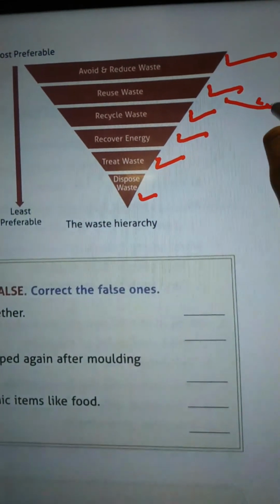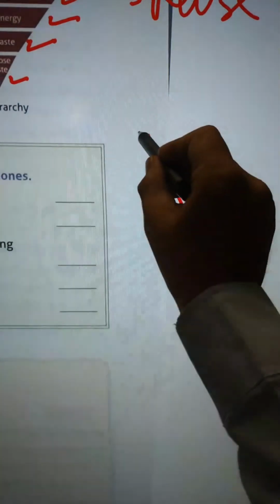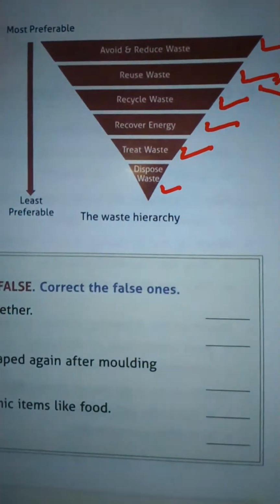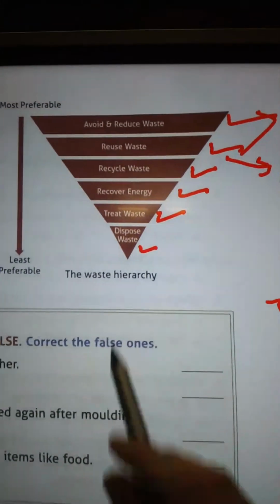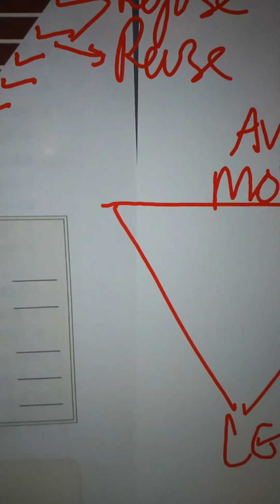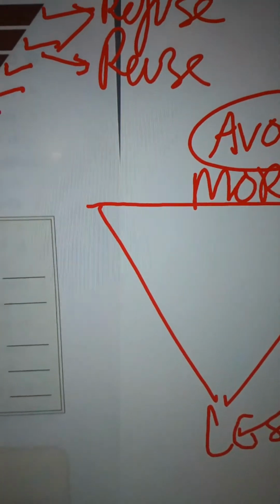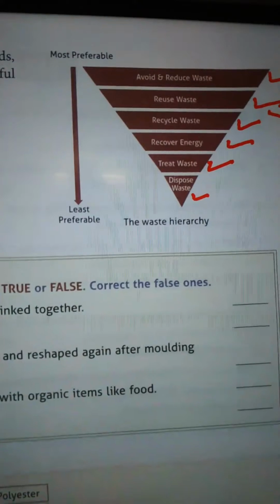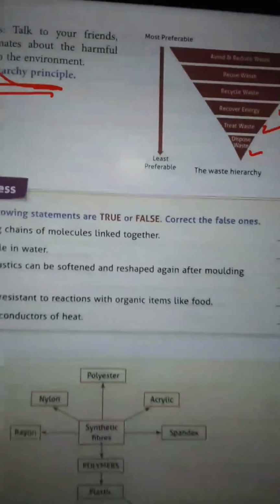The pyramid is inverted, meaning this part should be done more and this should be done less. Disposing of waste should be done very little, and what should be done most is avoid. Avoid means refuse the use of plastic. This is most preferred and least preferred, and this is the waste hierarchy.